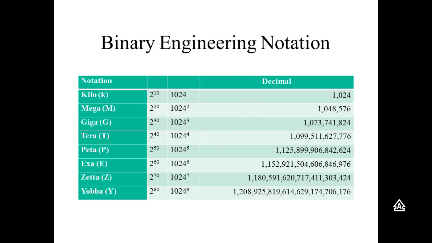So the smallest binary equivalent of engineering notation would be 2 to the 10. Then it doesn't double every time, right? It's just like if I was talking about decimal, and I'd say, okay, what's 1,000?